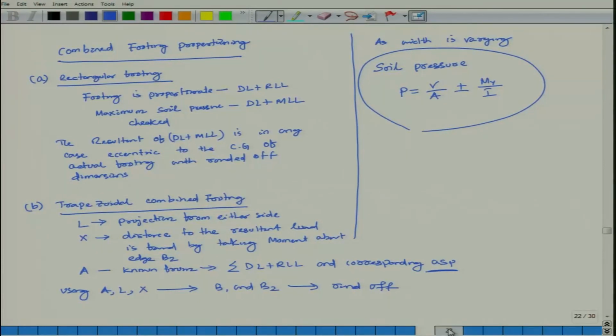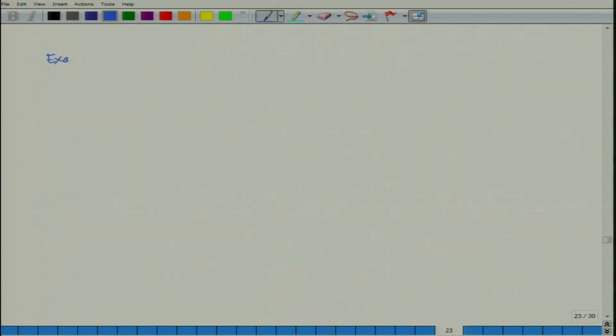Then there is one example, just a brief description. Example 1, I will solve it next class, but I am just explaining. What is the example?